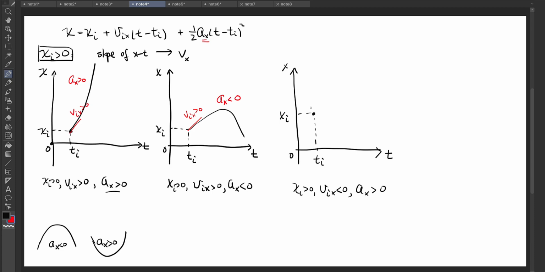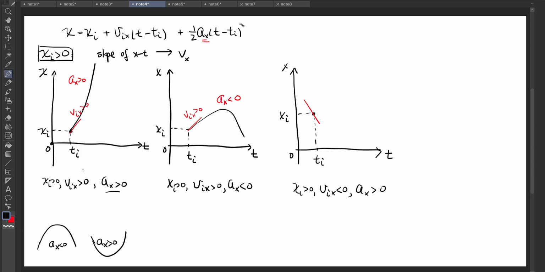Vix is negative means that the initial slope should be like this, right? Should be like that. And ax is positive, meaning the curve needs to be going up, right? Curving up like this one. So now we draw an initial position here, meaning I have to have an initial position here on the left side.